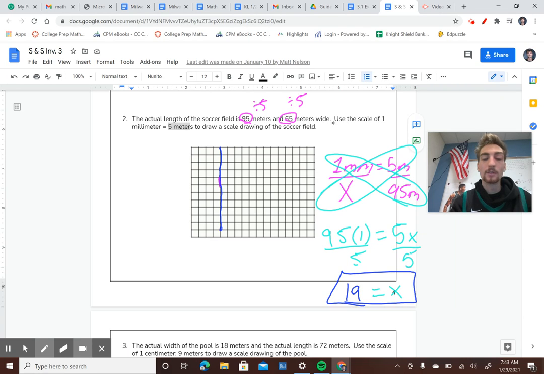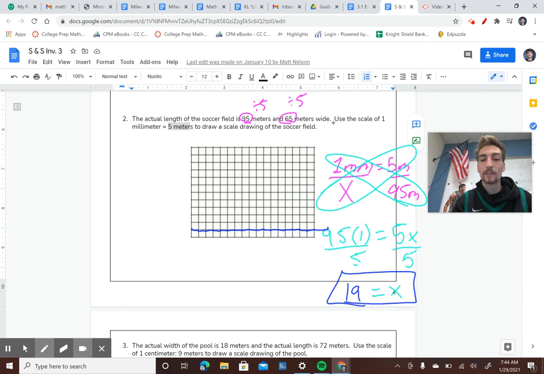And so what I'm going to do is show that each of these is going to be representative of 2 millimeters. Or better yet, I could actually just draw it the other way. That might be smarter. So I'll go ahead and do that. Can I draw 19 this way? 1, 2, 3, 4, 5, 6, 7, 8, 9, 10, 11, 12, 13, 14, 15, 16, 17, 18, 19.